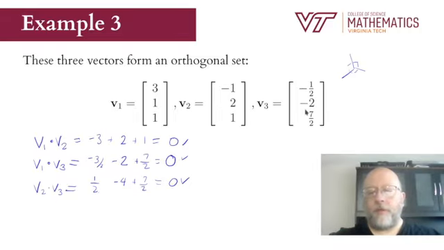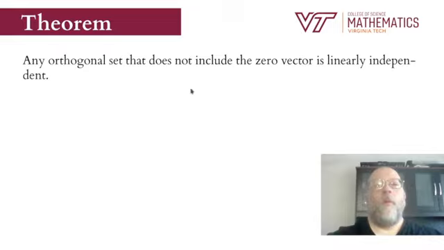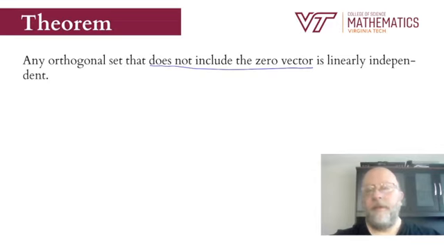But that's an orthogonal set. We have a theorem that says any orthogonal set that does not include the 0 vector is linearly independent. So 0 dot product with anything is 0, and so 0 doesn't give us much information.